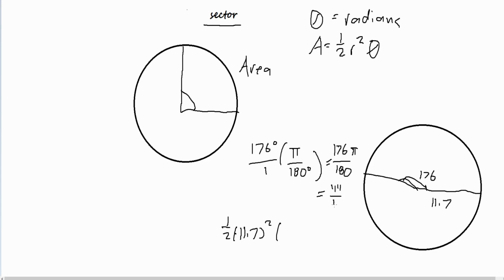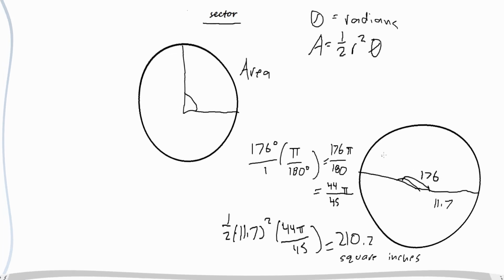Now we plug all those values into the equation. 1/2 times 11.7 squared times 44 pi over 45 gives us about 210.2 square inches, and that's the sector of the windshield, or the area that the windshield wiper covers.